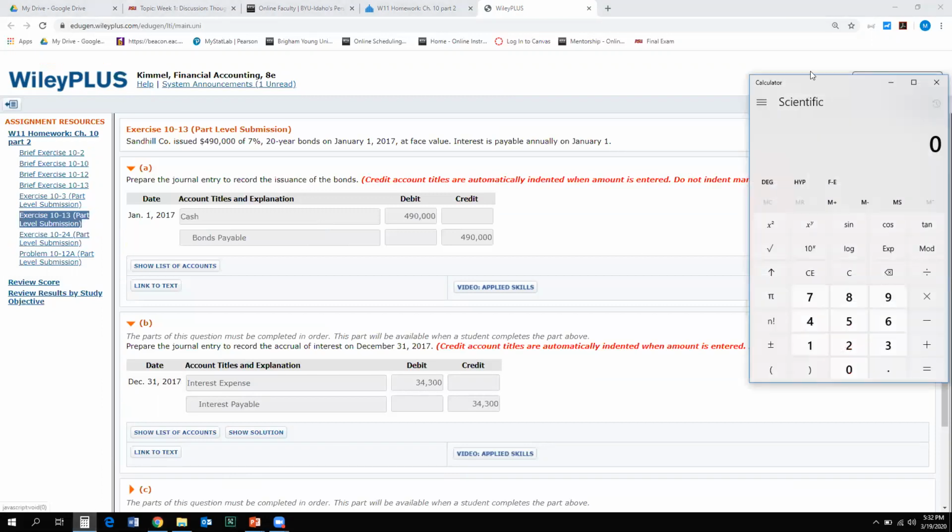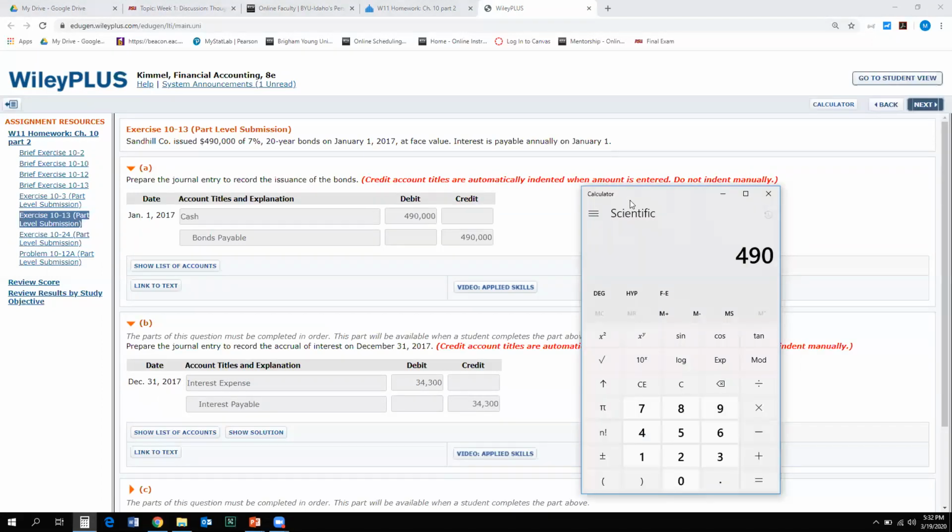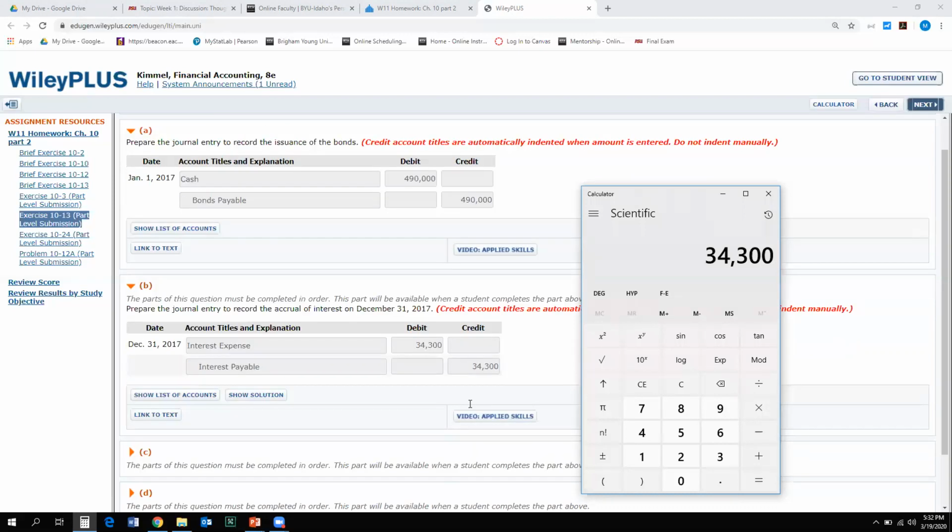So our interest for 1 year is 490,000 times 7%, or 34,300. So at December 31st, we have to do an adjusting entry to record that accrued interest because it's not actually going to be paid out until January 1st. So we're going to do an interest expense of 34,300 and then an interest payable of 34,300.